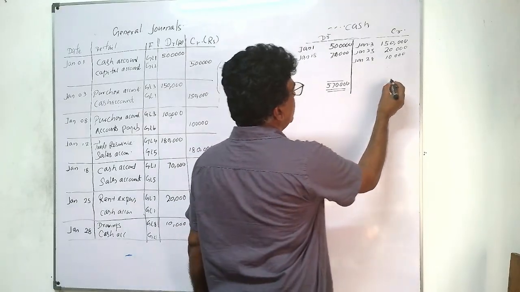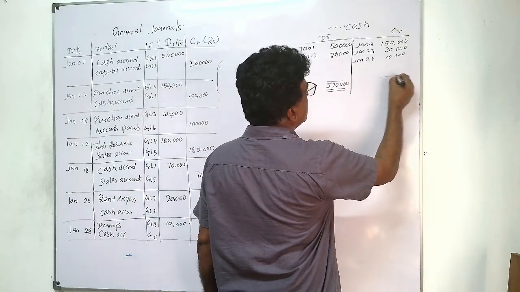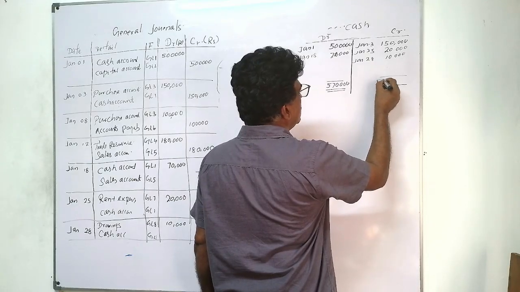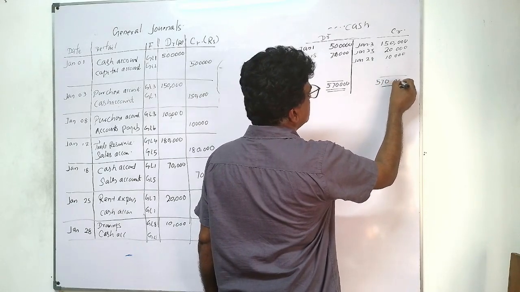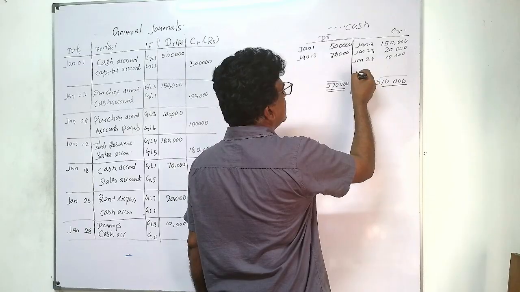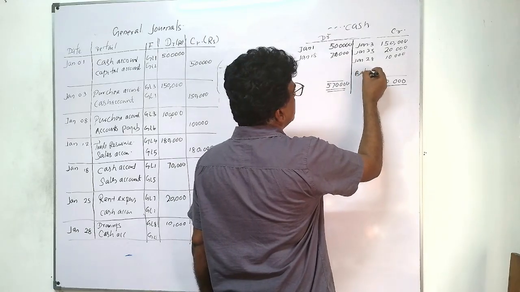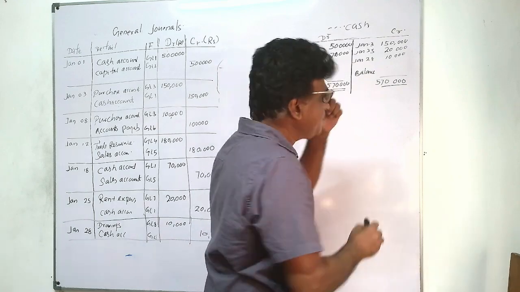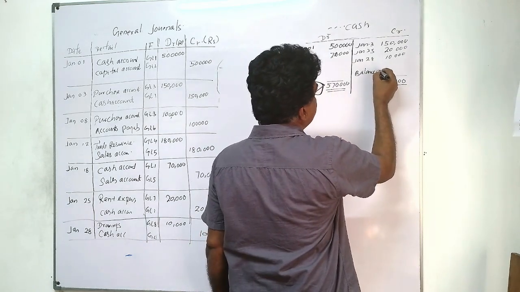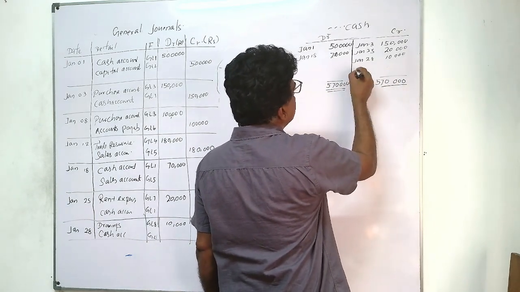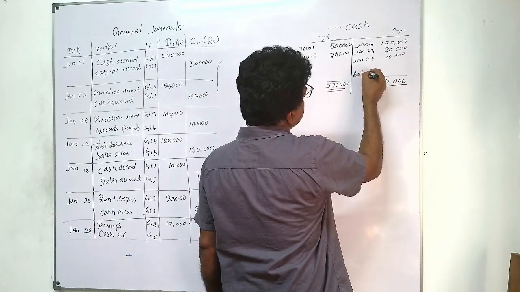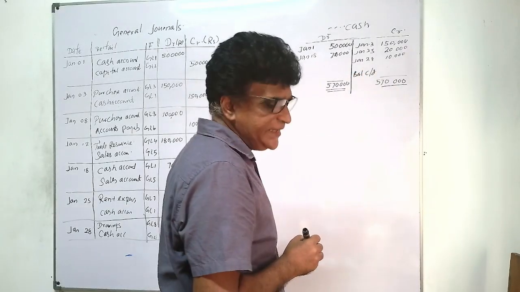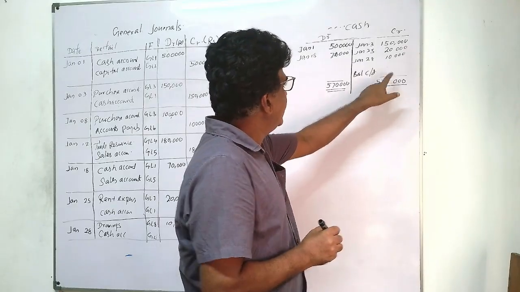What we're going to do is take the same value, 570,000, and balance carried down, what is it? 390,000.